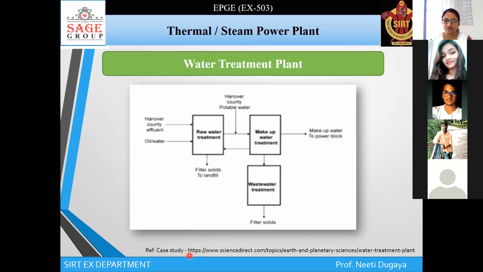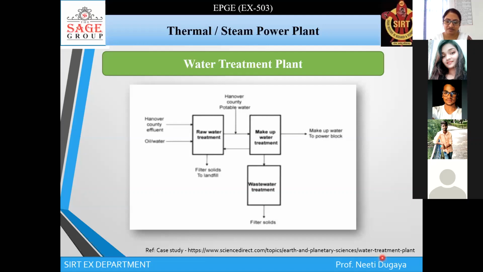You can go to sciencedirect.com/topic/earth and planetary sciences, and then water treatment plant. This is a generalized water treatment plant which can treat industrial waste also, and it could be used for steam power stations' water treatment.